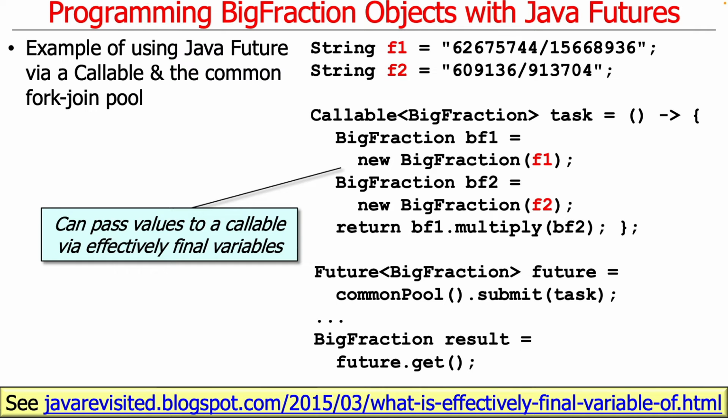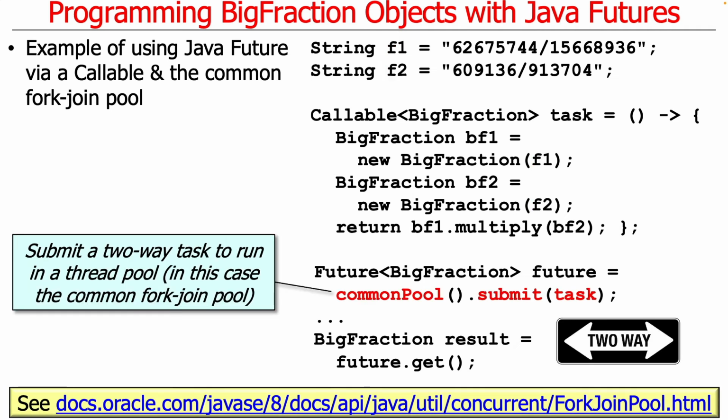Effectively final variables are just a fancy way of saying if a variable is assigned and not changed up to the point where it's used, it's effectively final, even though it's not in fact marked as final. And why this is important is you can't pass non-final or non-effectively final variables into lambda expressions in modern Java. You can only have final or effectively final variables there. You can read this link to find out more about what an effectively final variable is.